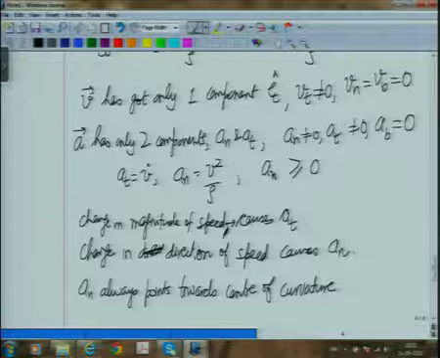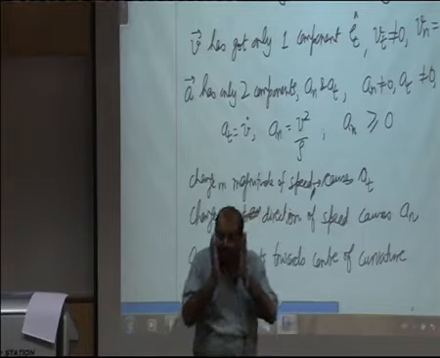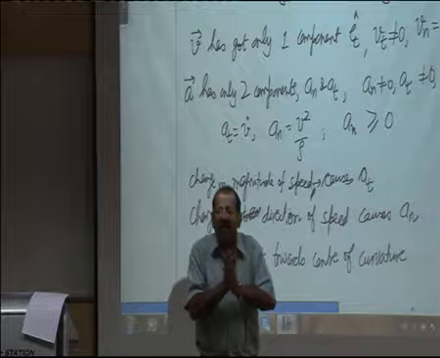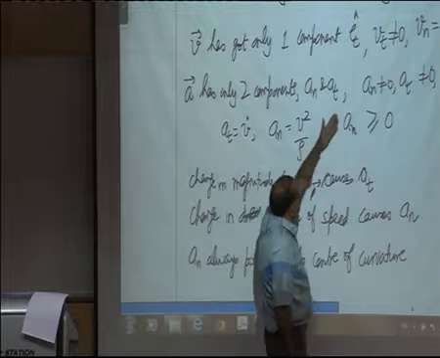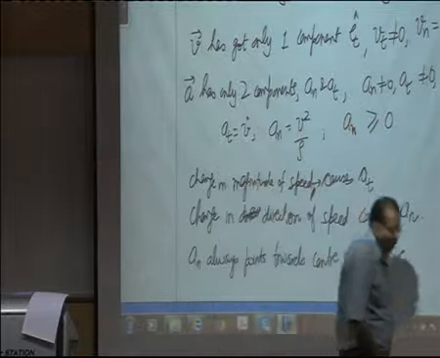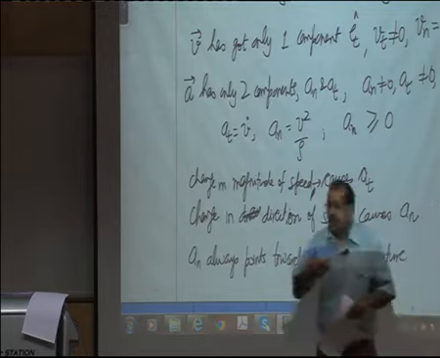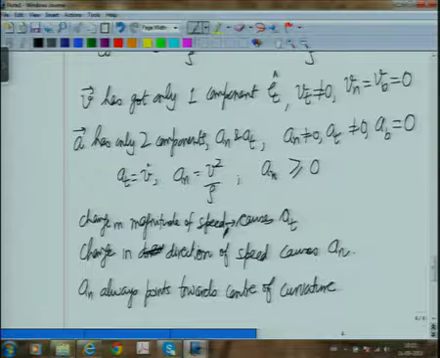And why are we so interested in accelerations? We know accelerations are directly proportional to the forces. So if the acceleration becomes very large, the force encountered by the body will become very large. Therefore, while designing things, we have to take care that An is not very large. That means rho has to be reasonably big. We don't make things with very small radius of curvature.